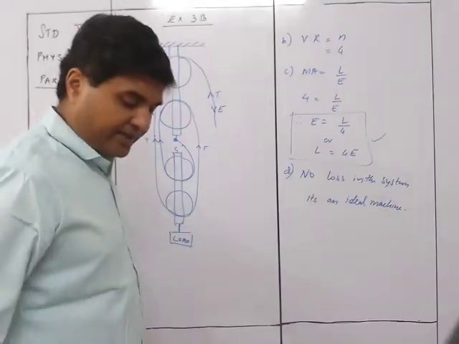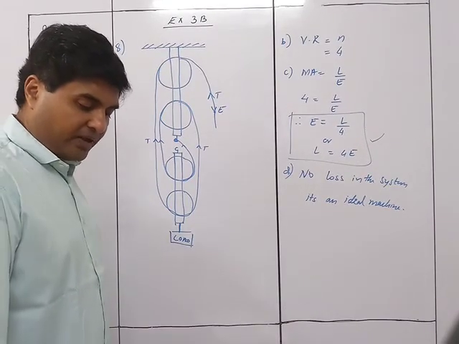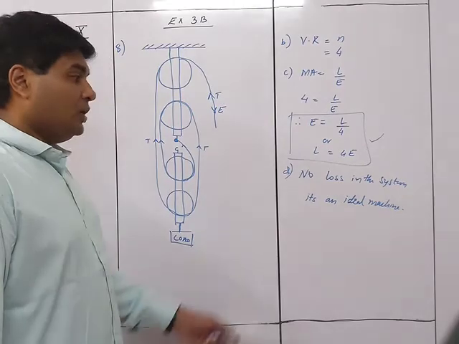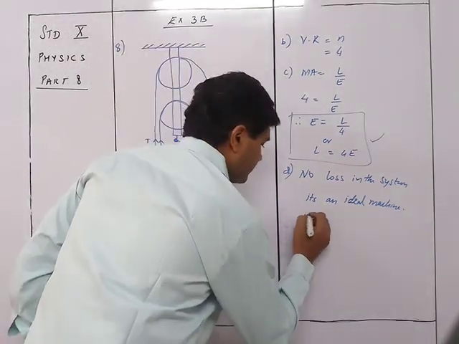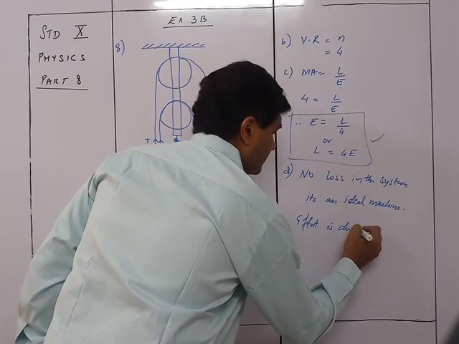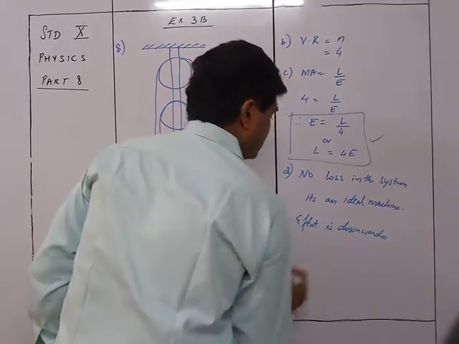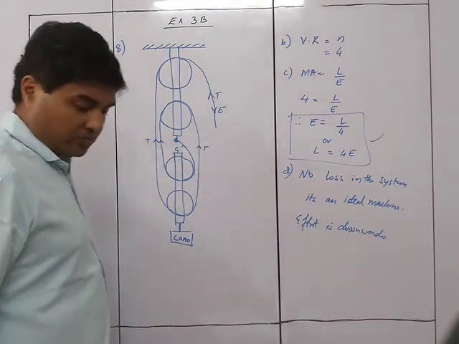So we have already given the assumptions: no friction between the bearings, weight of the lower block is negligible, and the effort is applied in the downward direction. Yes, downward direction effort is also required. So effort downwards. Okay, so these are the things connected to question number 8.